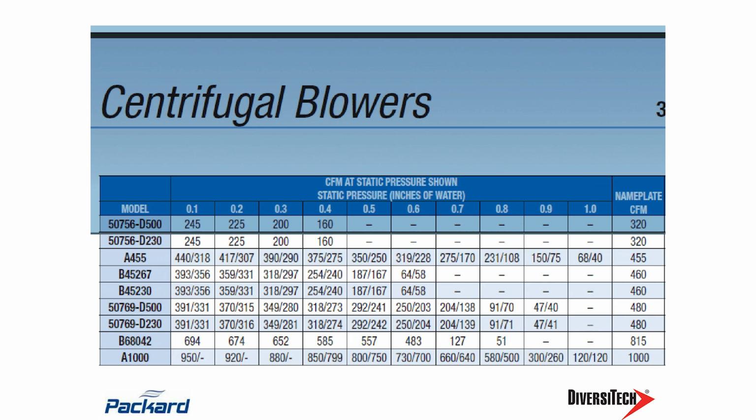Now this happens to be a blower chart. It's a complete blower. But you guys change a lot of blower wheels, don't you? So you'll go out and just buy a replacement for the blower wheel and keep the housing that's in there. Have you ever asked the guy at the counter, what CFM is that blower wheel?